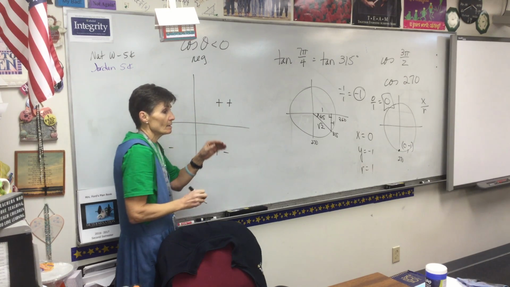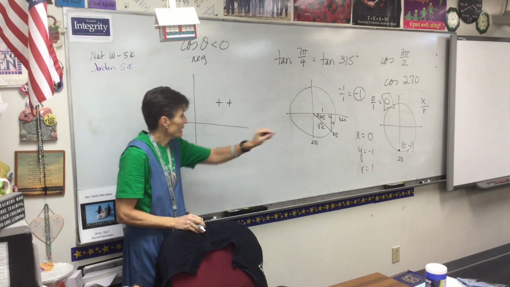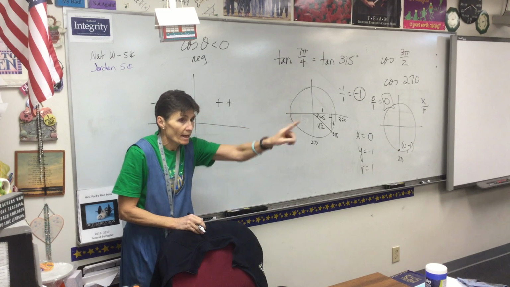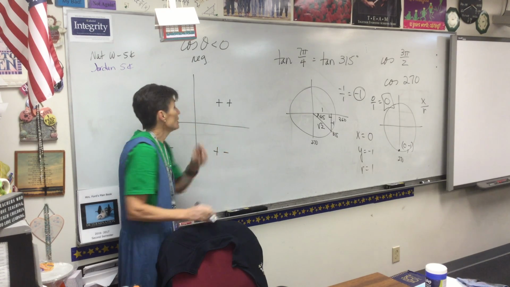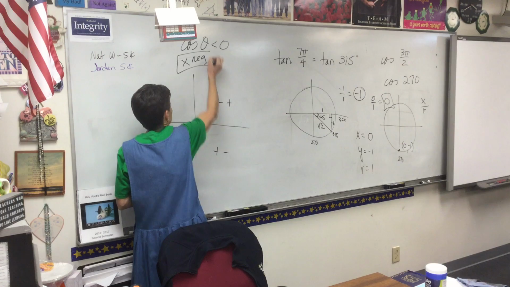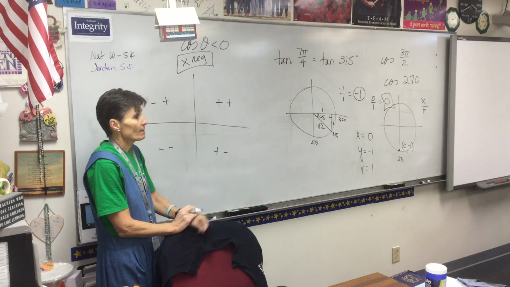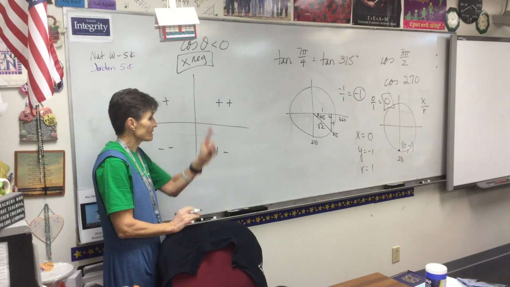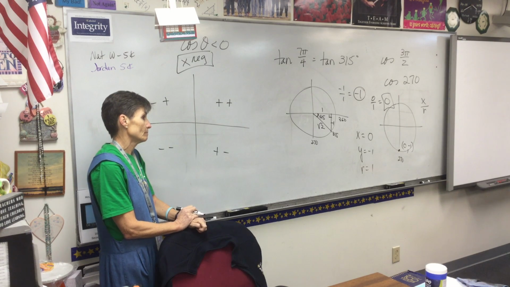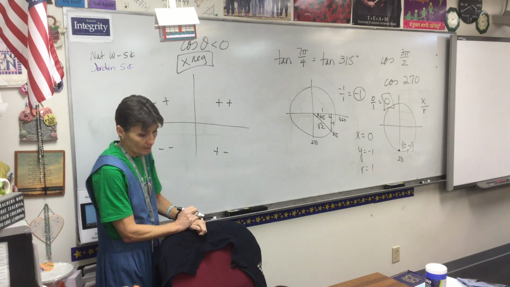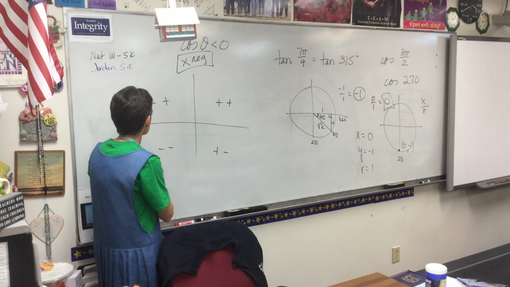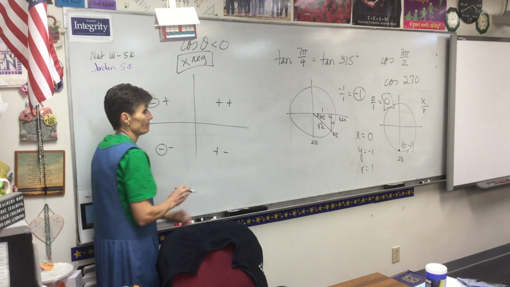Now wait a minute. What's the definition of cosine again? Cosine is X over R. So we need X to be negative. If cosine is negative, X is negative. 2 and 3. Okay, so that narrows it down to either here or here, right?